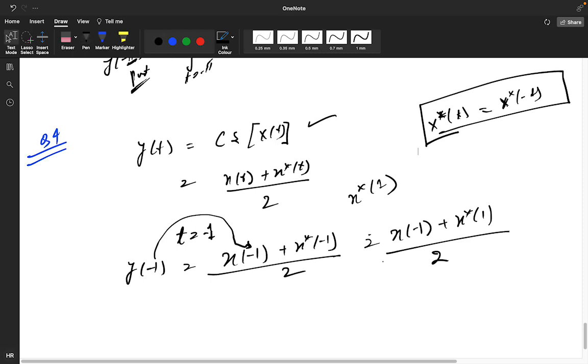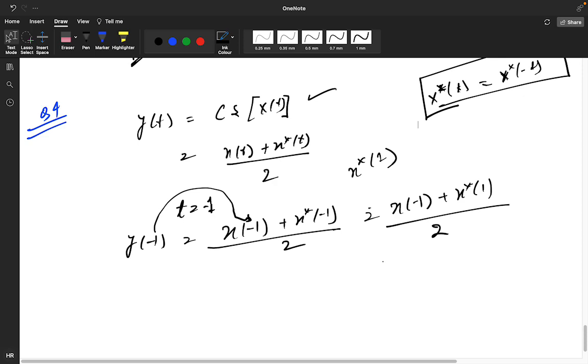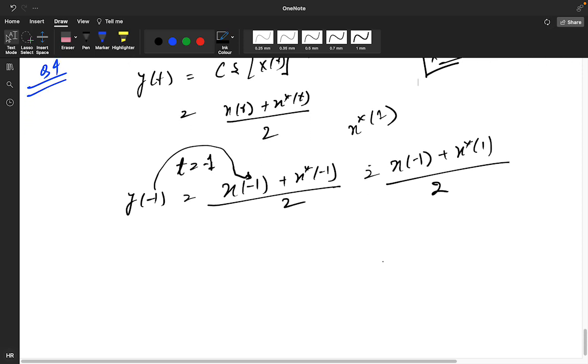We discussed these things in conjugate symmetry. Just go through the previous lectures. So x of minus 1 plus x conjugate of 1, so this is your future value. Future value is coming. So this is non-causal.